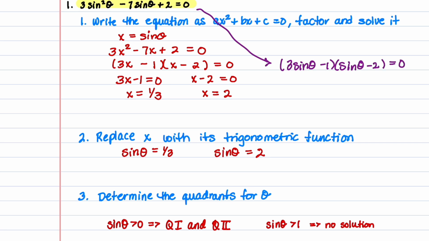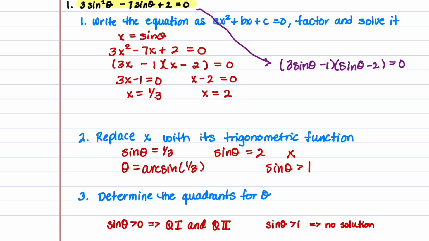In our second step, let's make a note that theta is equal to arc sine of 1/3 for our first equation. And then for our second equation, let's notice that sine theta is greater than 1.